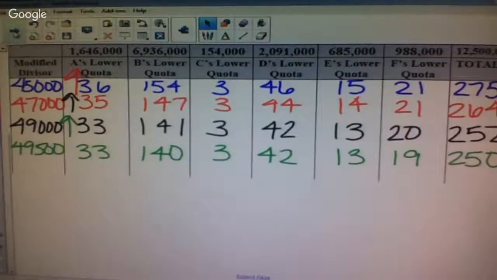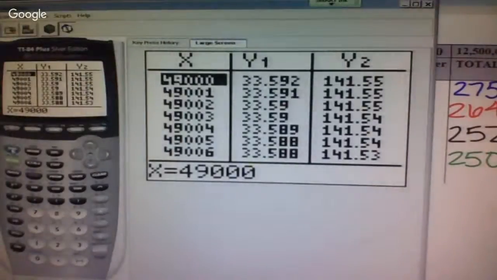Okay, so while Ivan's getting the rest of this down, go ahead and plug in your y equals 3.31, 2.67, 1.33, and 0.69. You good, Ivan? Okay.